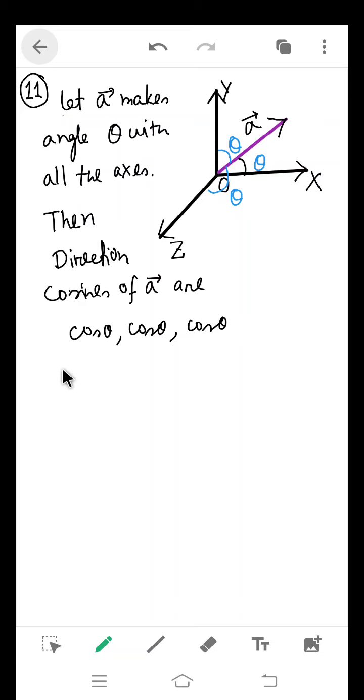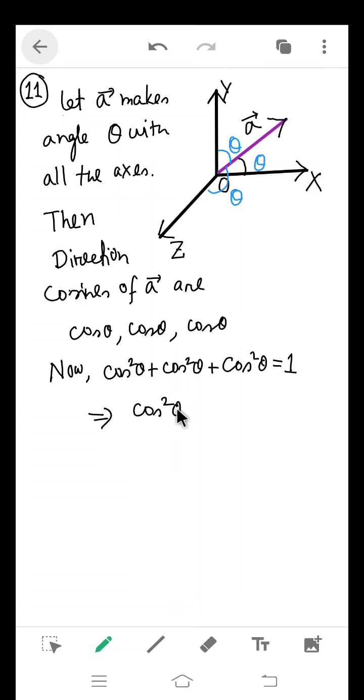Now you can go by the property of direction cosines. We know that if you take the sum of their squares, that is cos square theta plus cos square theta plus cos square theta equals 1. Therefore cos square theta is 1 by 3.